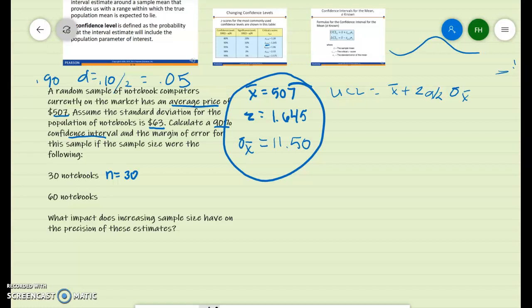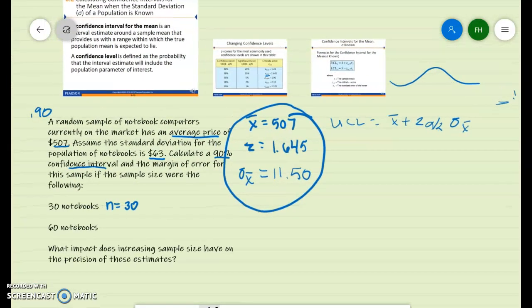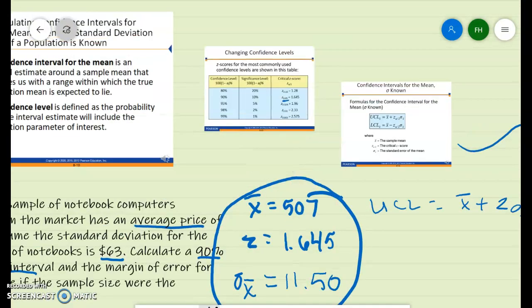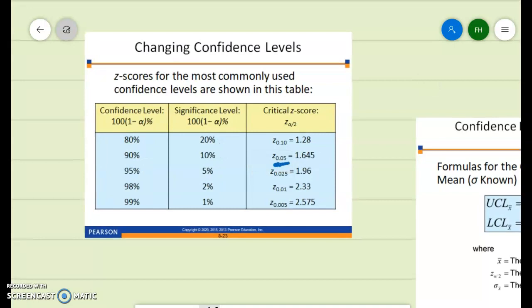Now before we do that, let me explain that your confidence level is 90%. So if you go to your table, let's look at that real quick. A 90% confidence level means 1 minus your confidence level would give you 0.10.